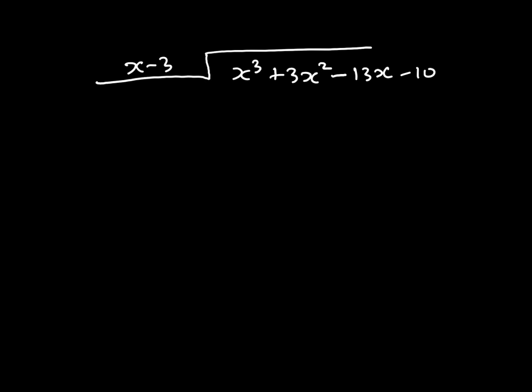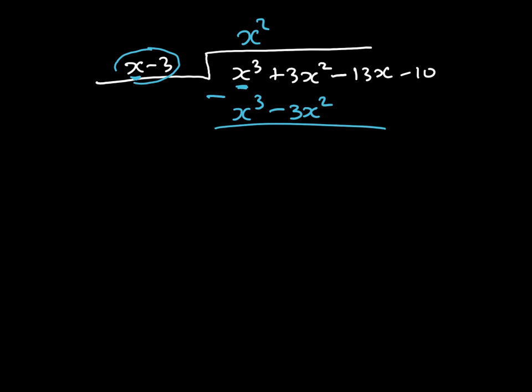So you get x cubed divided by x, so this is x squared. Okay, multiply everything by x squared, you will get x cubed minus 3x squared. Subtract.